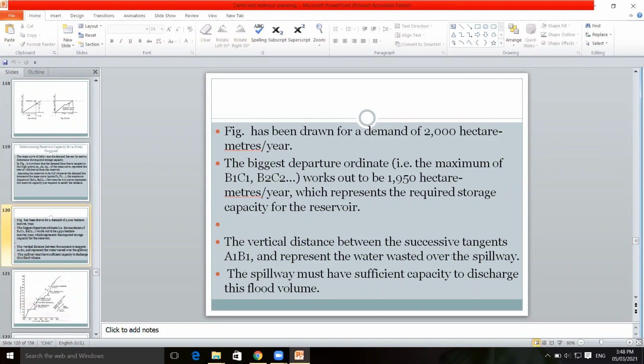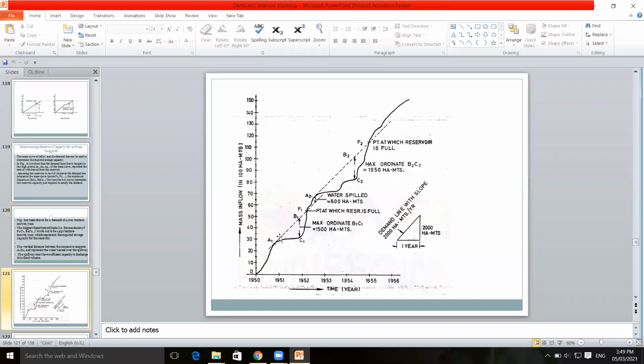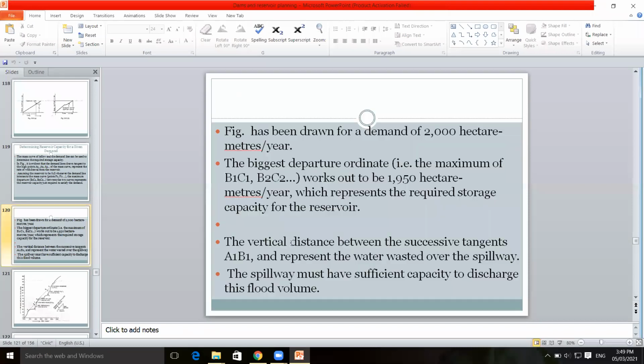The vertical distance between the successive tangents at A1 B1 and A2 B2 represents the water wasted over the spillway. What do A1 B1 and A2 B2 indicate?